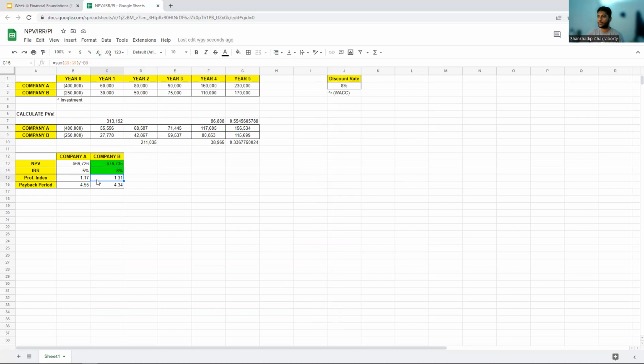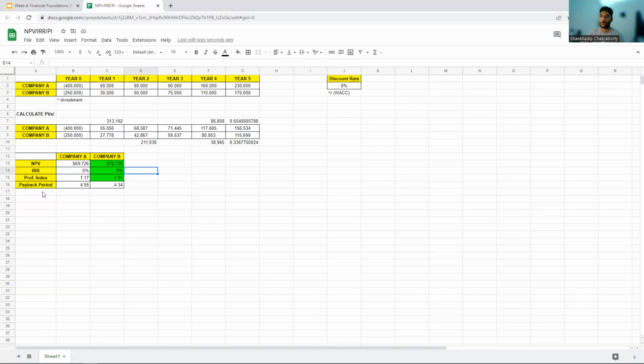Which has the higher profitability index? B. So in 5 years, it has higher profitability. It has more discounted cash flows that it's bringing in compared to how much we are investing as investors. And finally, which has the lower payback period?